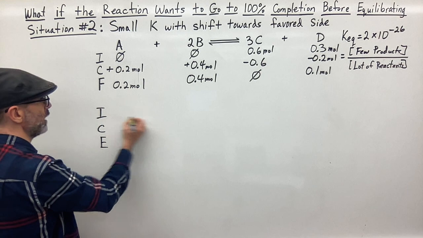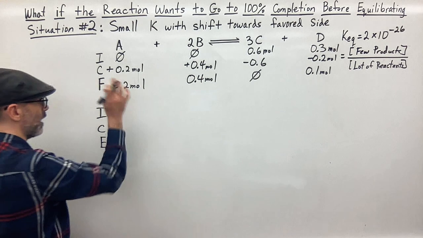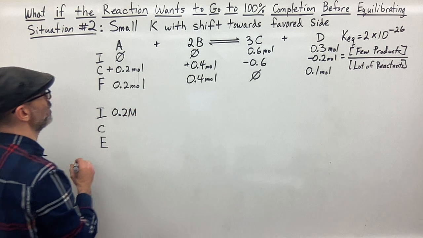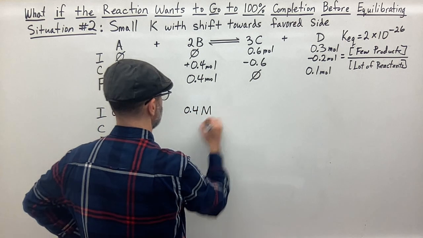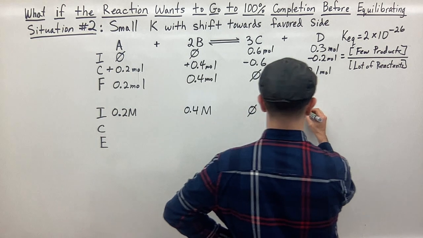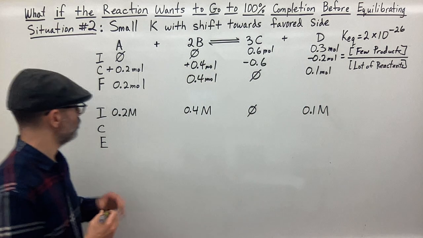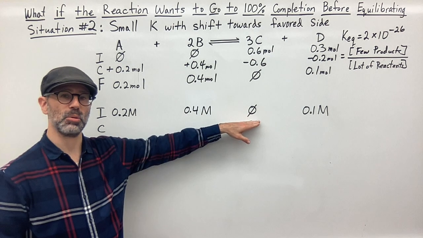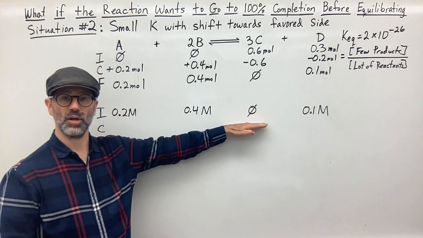So my initial molarities for my ice table are going to be what I have for the final divided by the liters of solution. So I have 2 molar to start with for A. I have 0.4 molar to start with for B. I have 0 to start with for C. And I have 0.1 molar for D. So now I have my initial conditions, and you'll notice for my ice table, I have a 0 for a product, which means that it's going to shift towards the products.